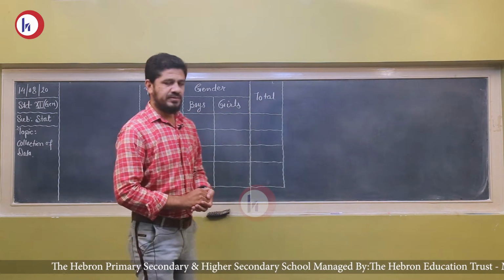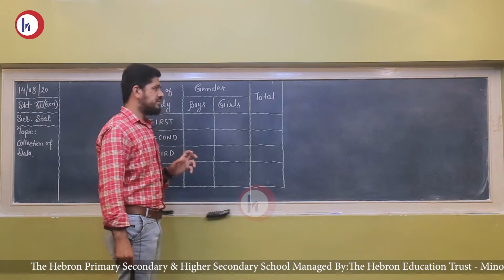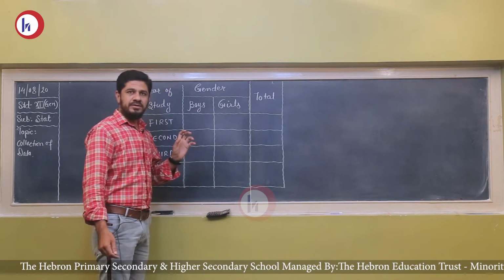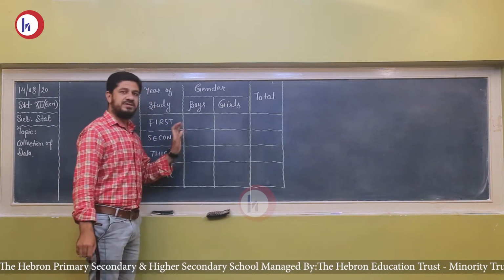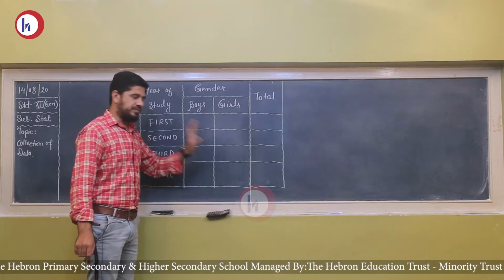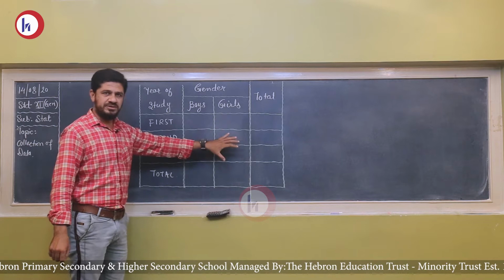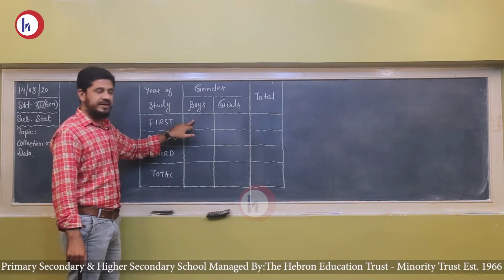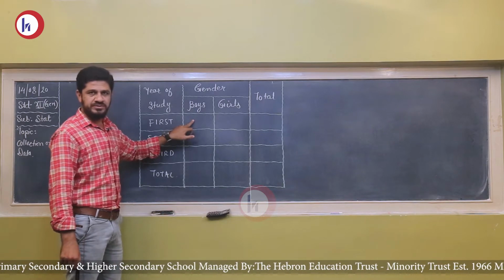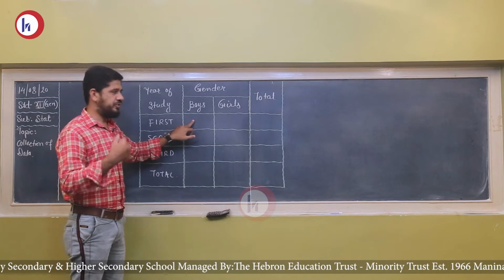So students, I already made a table on the board. Before starting to fill the numbers into the table, let's understand the table. We have different blocks here in the table. This block indicates two attributes. Qualitative data is also known as attribute.